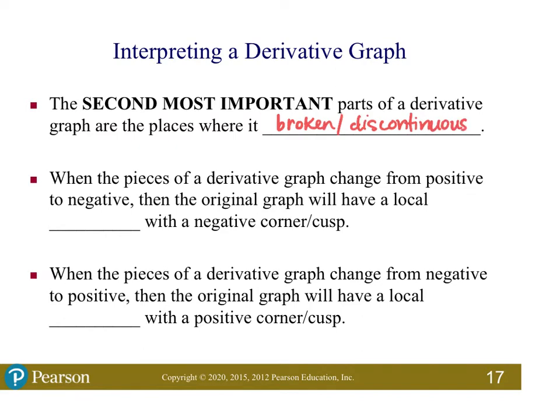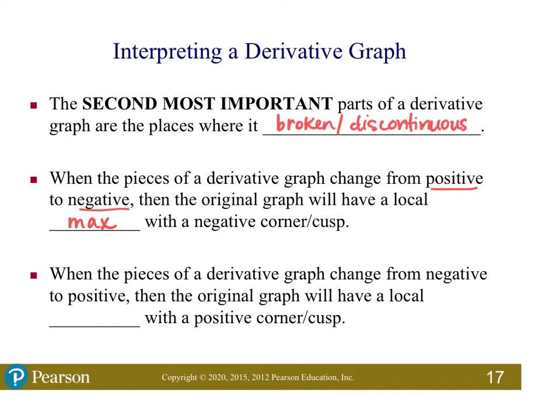So when it's broken into two pieces, if the pieces change from positive to negative, again, positive to negative, then it will mean I have a local max, this time with a negative corner or a negative cusp to it.